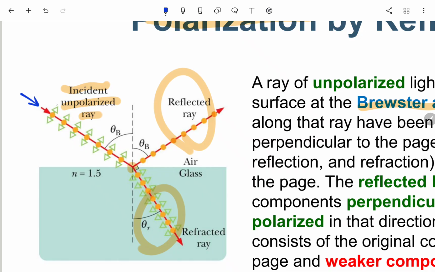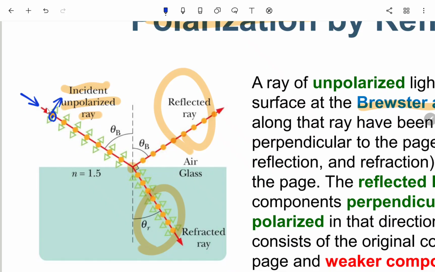So maybe part of it is like this, and part of it is inside or outside the page. This part is perpendicular to the surface, or actually on the surface.